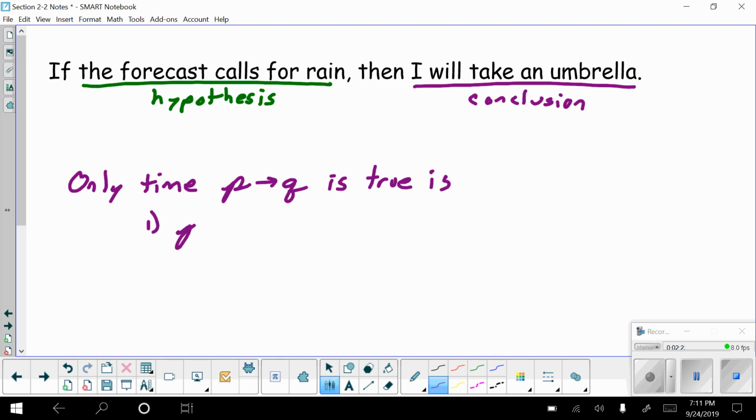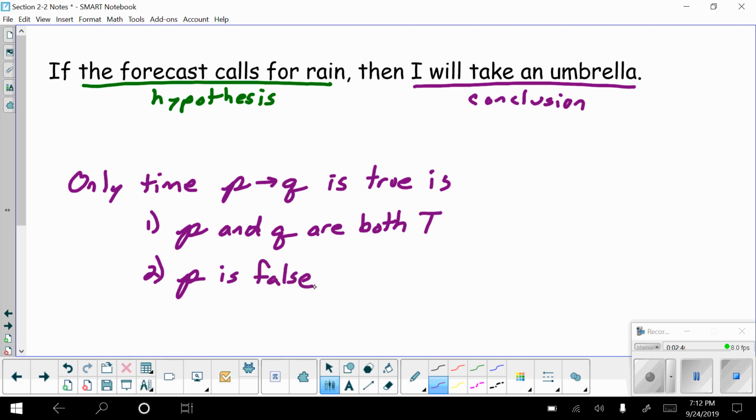First, P and Q are both true, or P, the hypothesis, is false. So if P and Q are both true, in other words, the hypothesis is true and the conclusion is true, then my entire conditional statement will be true.